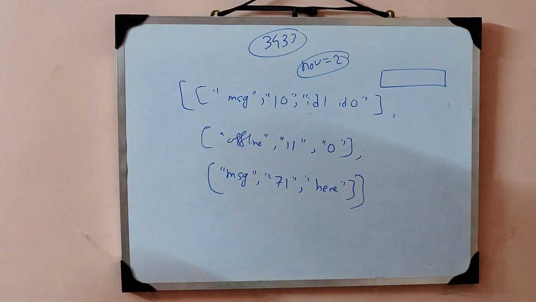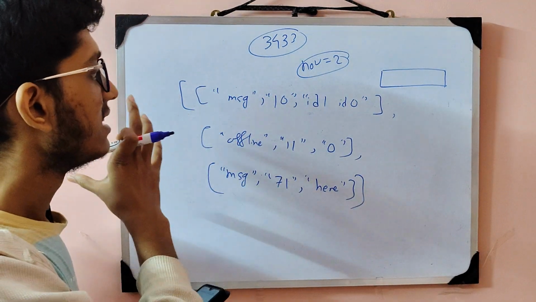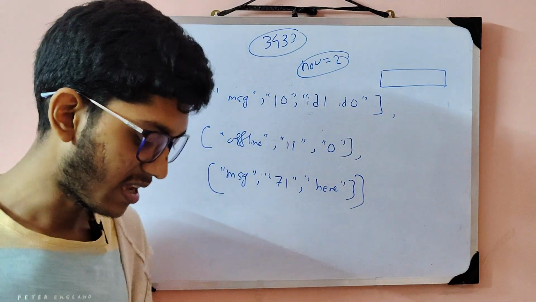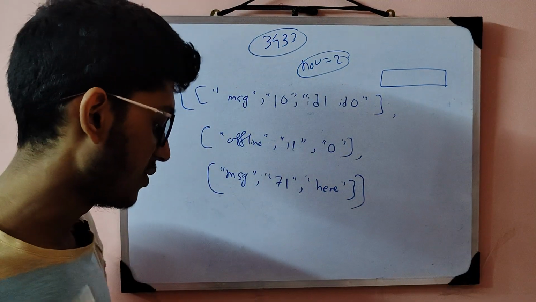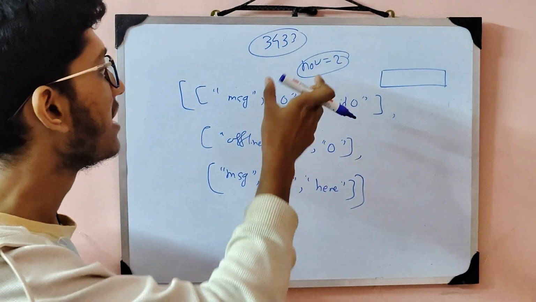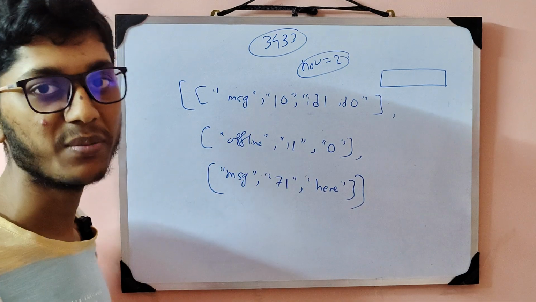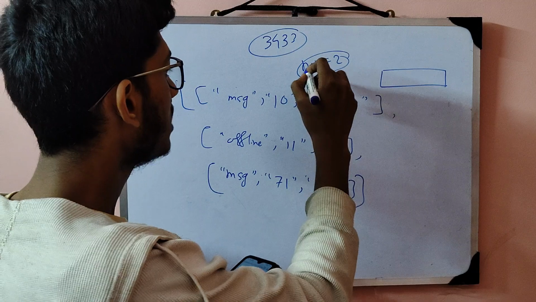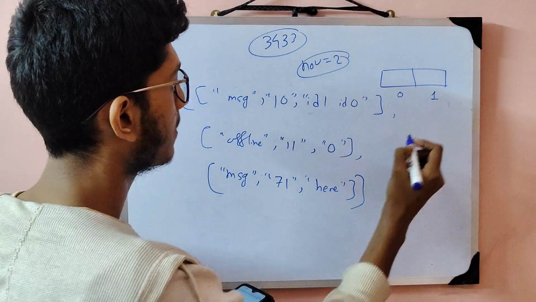I am representing the number of users as NOU because I don't want to write number of users again and again, and I am a very lazy guy. You can use a readable variable name, whatever. So the number of users is 2, so we have to return an array for 0 and 1.